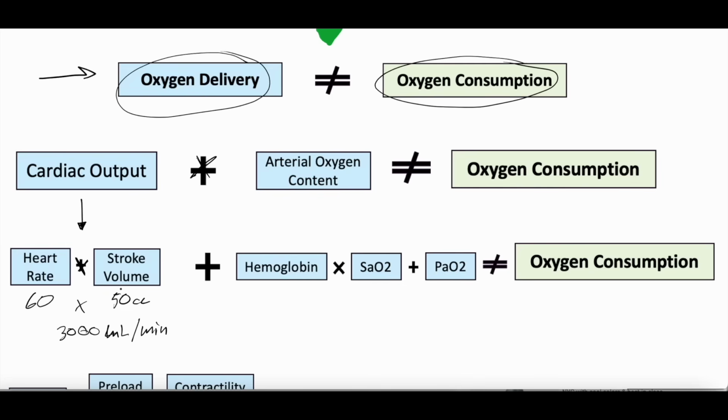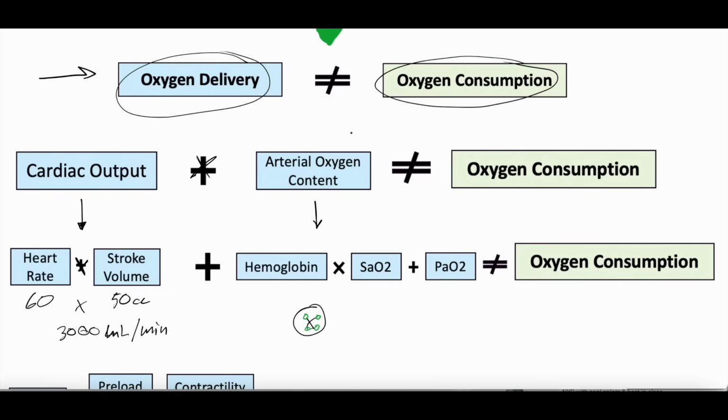So now we've broken down cardiac output, but what about the arterial oxygen content? Well, what drives how much oxygen is in the arteries? And we actually know what drives that. Hemoglobin, the molecule in a red blood cell, carries oxygen on it.